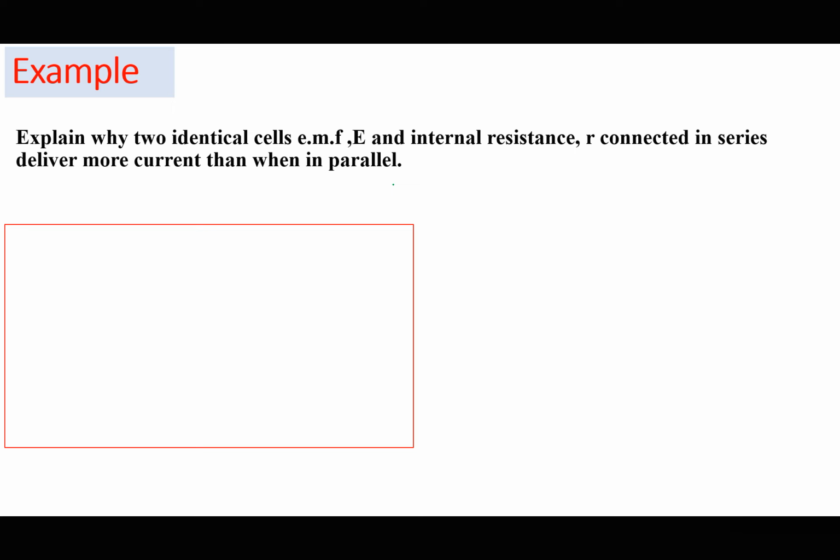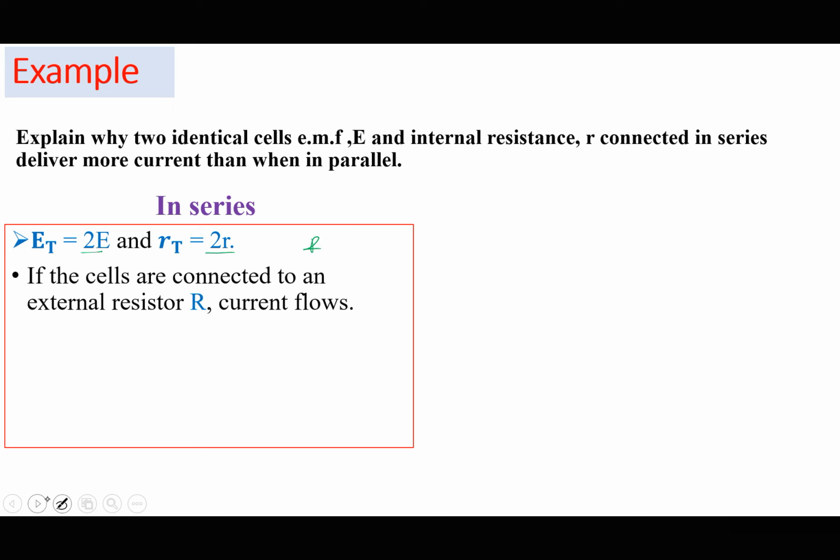Let's see why that is possible. Of course, we know that if they are in series, number one, the total effective EMF is twice E, and total internal resistance is 2R. And if they are connected to an external resistor R, then total resistance is going to be 2R plus capital R.